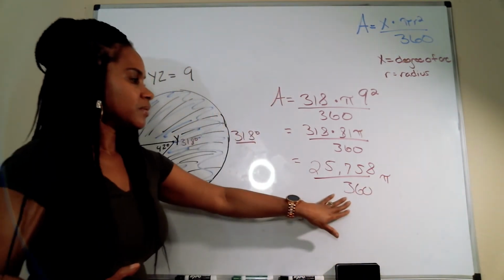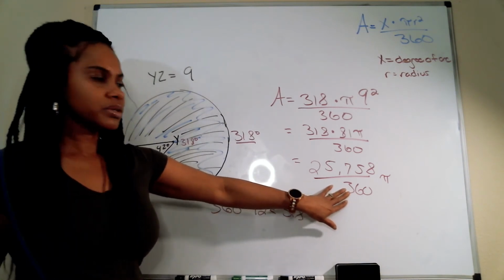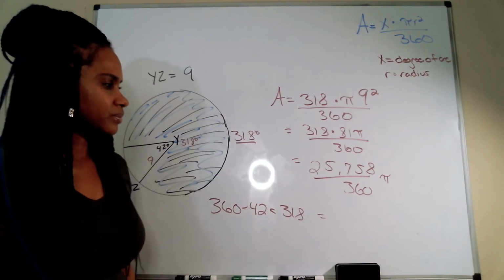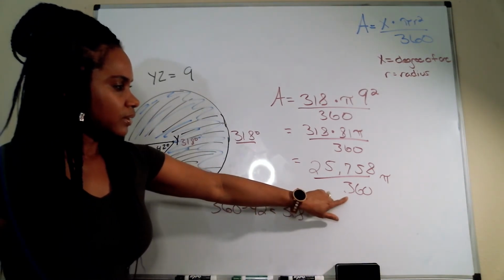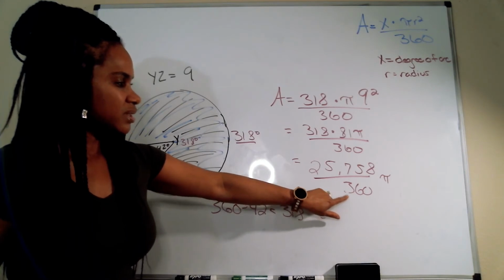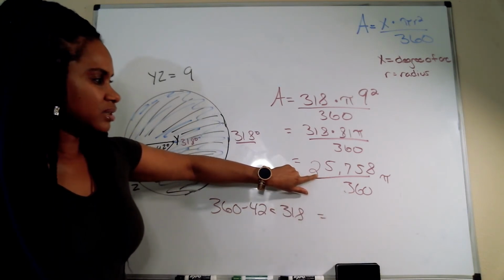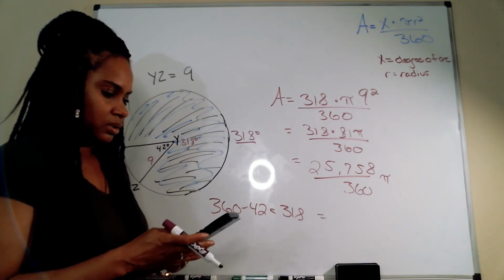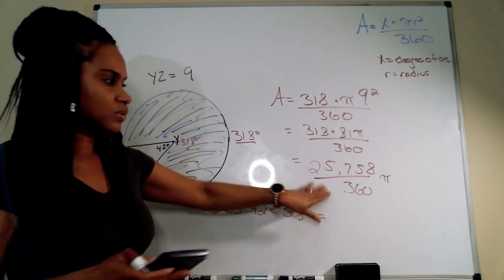So I'm writing it in terms of pi. I always want to make sure that I write the answer in lowest terms. So basically just reducing the fraction. So 360, that could be divisible by 36. I don't think this would be divisible by 36 or 12. If I try 12, no, that doesn't work. It gives me a decimal. Let's try 6.